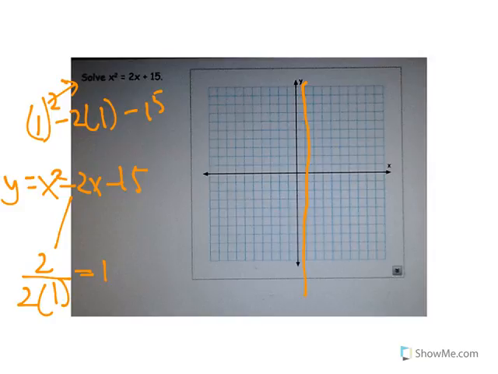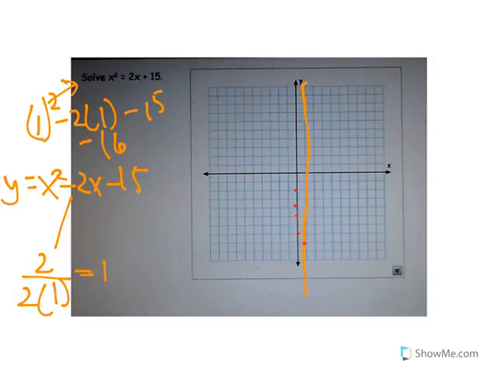So this is actually going to be negative 16. So it's going to be way down here, 2, 4, 6, 8, 10, 12, 14, 16. Right there, that's going to be my trough.